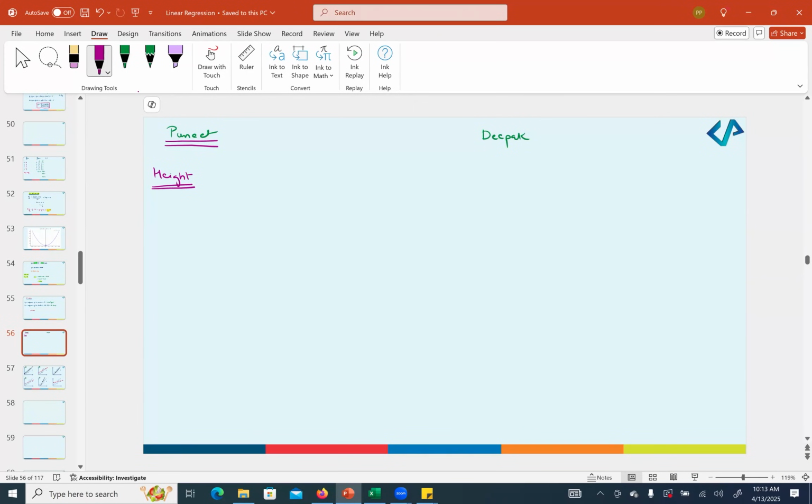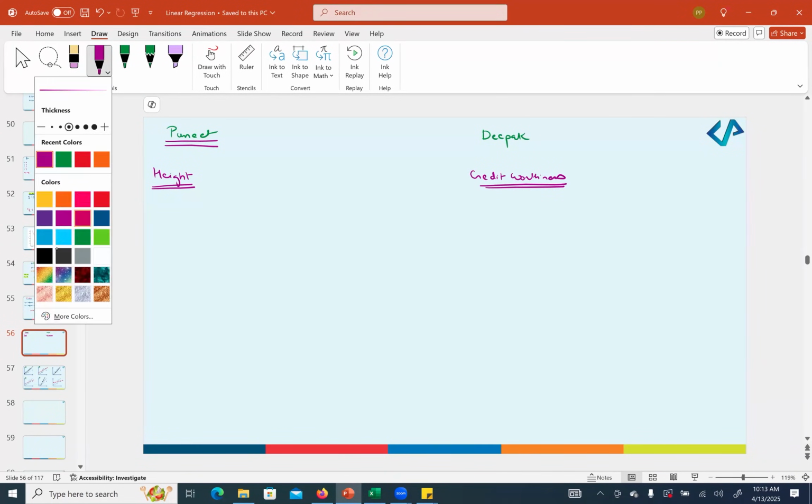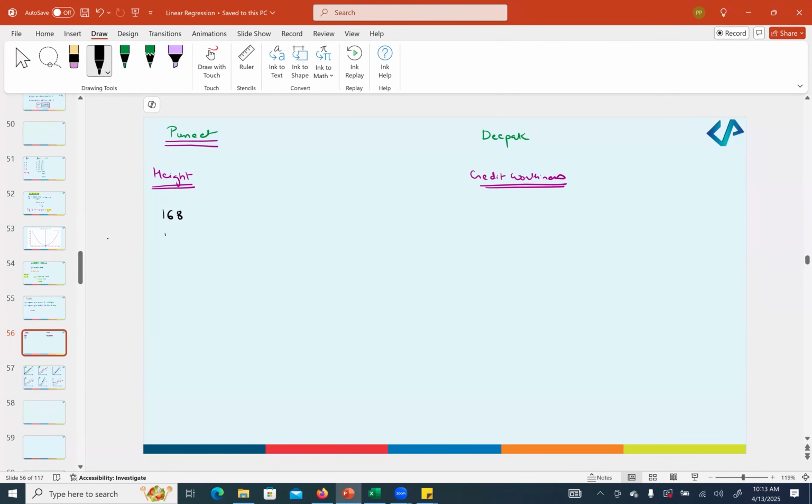Deepak is working on a model which will tell whether I should give a loan to a person or not, more like credit worthiness. So these are the actual values that I'm going to write here. Let's say 168, 139, 145, 155, 182, 193, something like this.